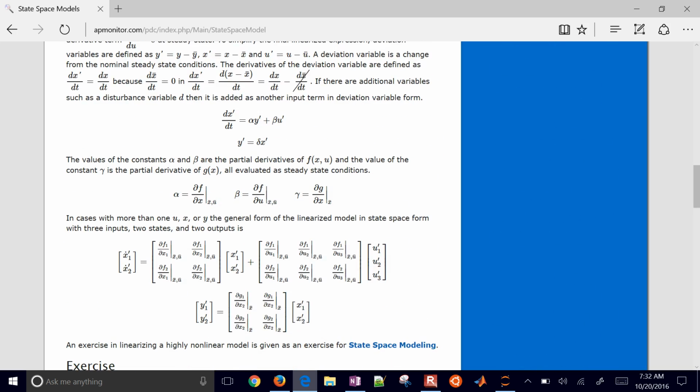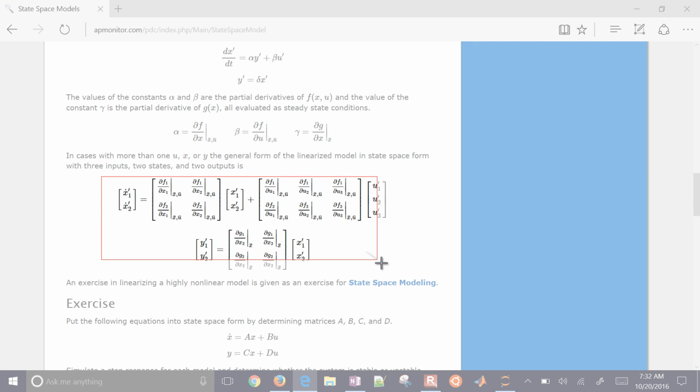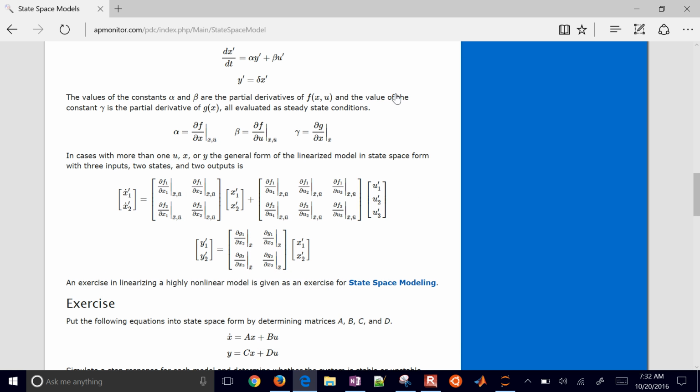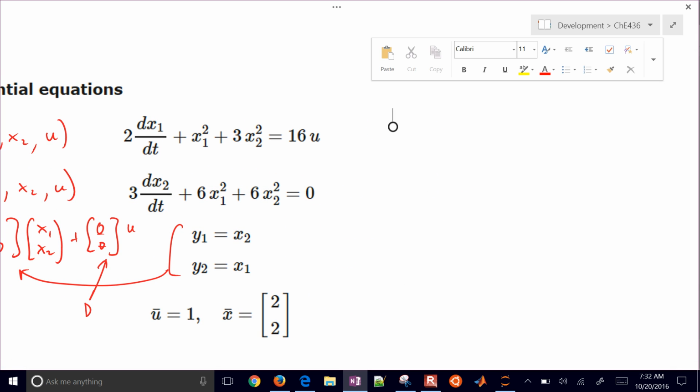And we're going to be doing the general nonlinear system, so what we need to do first of all is just linearize. Here's our formula for linearization, and I'll paste this over here as well so we can see it.